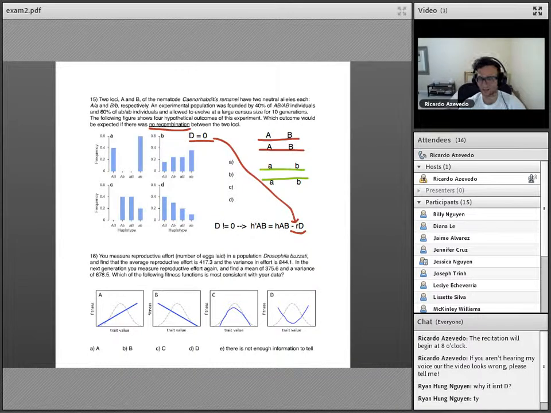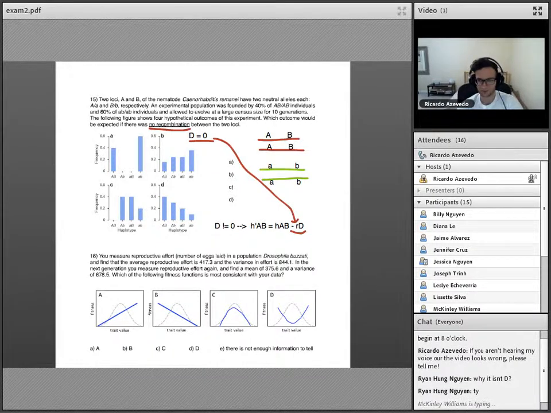So having said that, which one of these figures would be the correct answer? Given that there's no recombination, which one is the correct one? Since there is no recombination, okay, someone is answering Figure A, right?